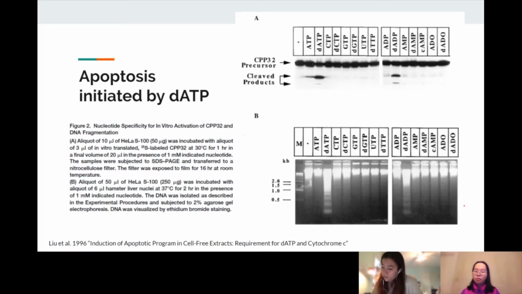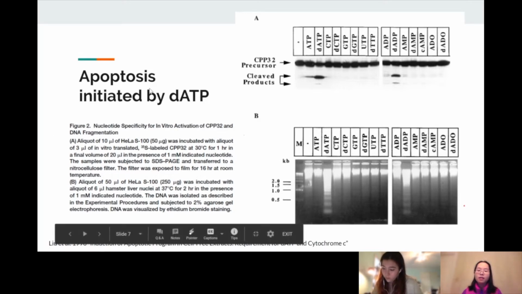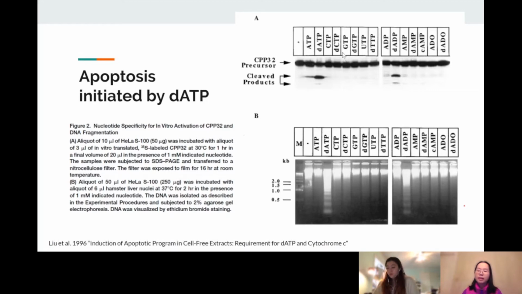And the way they concluded this is that they tested all of these different nucleotides, and all of these are different bases. ATP, CTP, GTP, both the ribose and the deoxyribose versions of them.